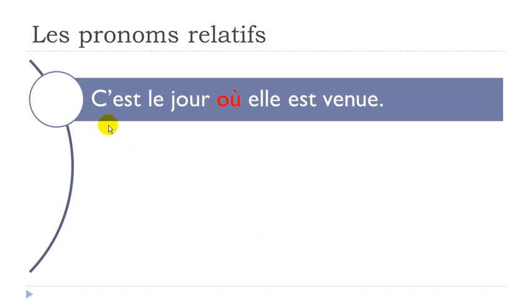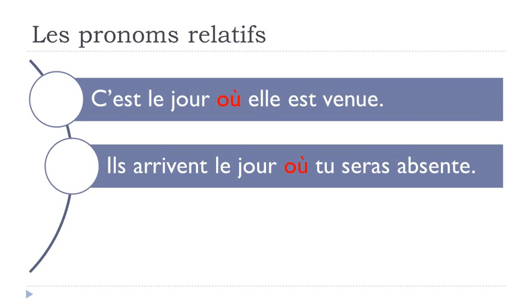So the first one, for instance, c'est le jour, the day, c'est le jour où elle est venue. Venir is to come. C'est le jour où elle est venue. Second example, ils arrivent le jour où tu seras absente. Arriver, to arrive.